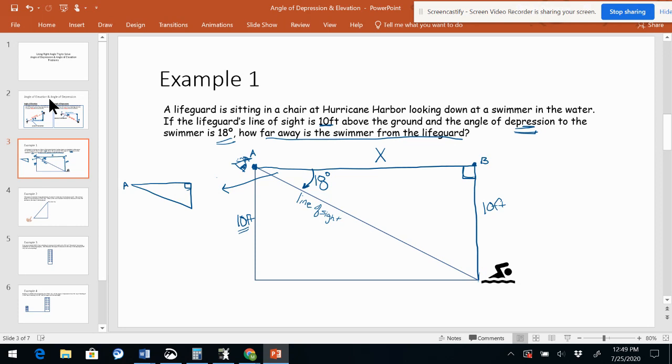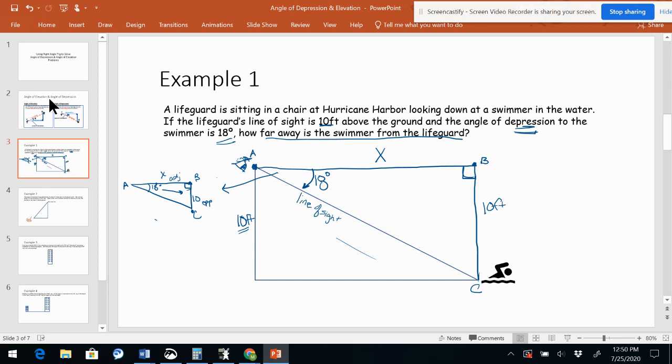Here is the right triangle, where this is A, this is my swimmer down here, and this is point B I labeled here. I'll label my swimmer here as C, so I'm looking from A to C. I know this angle is 18 degrees, this is X, and this is 10. If I think of this right triangle in terms of SOHCAHTOA, I see that 10 is my opposite side, and X will be my adjacent.